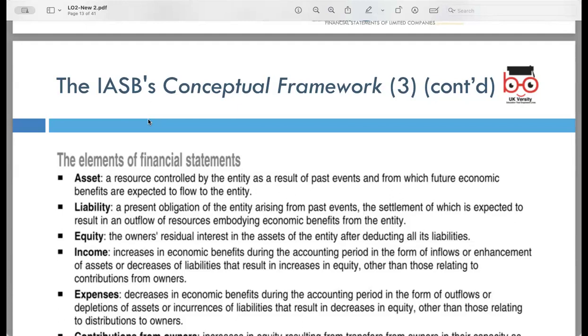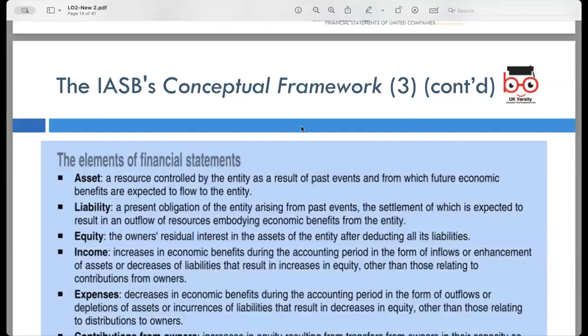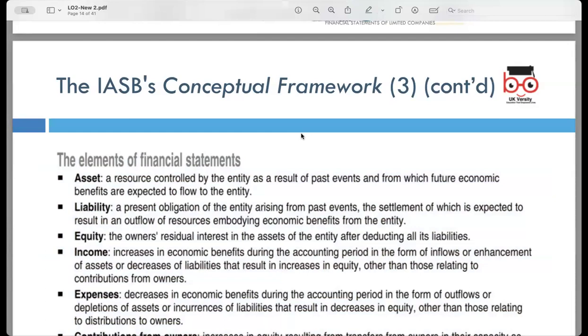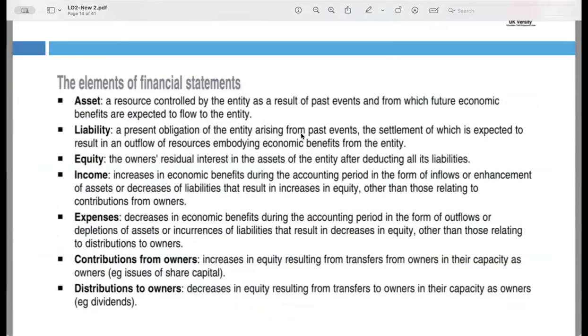Each element plays an important role in depicting the financial health and operations of an entity. Assets, liabilities, equity, income, expenses, contribution from owners, distribution to owners.